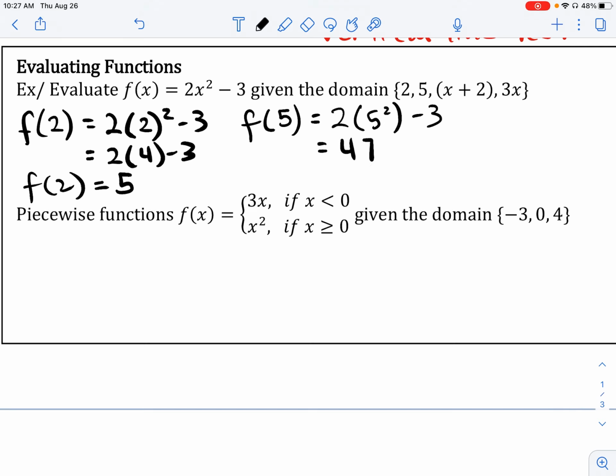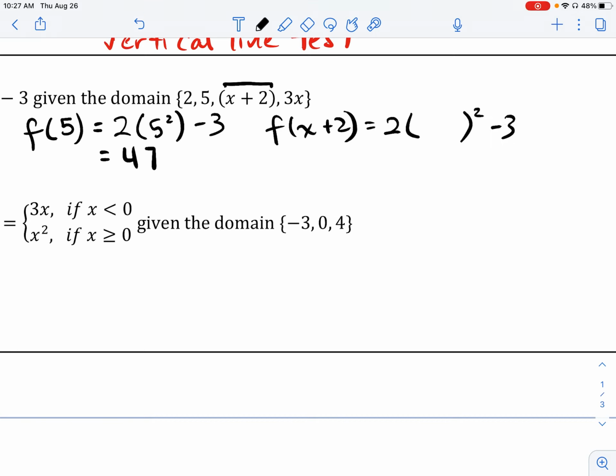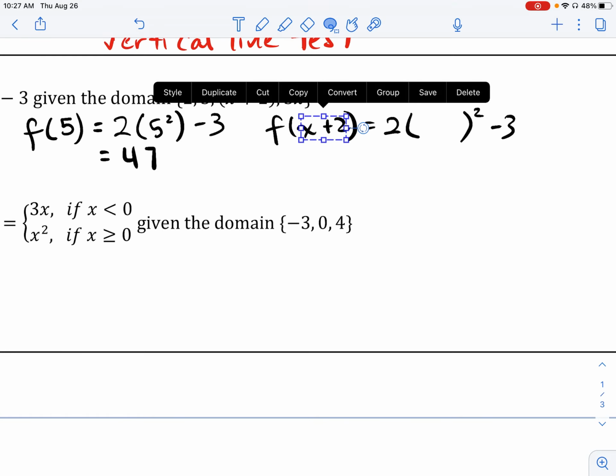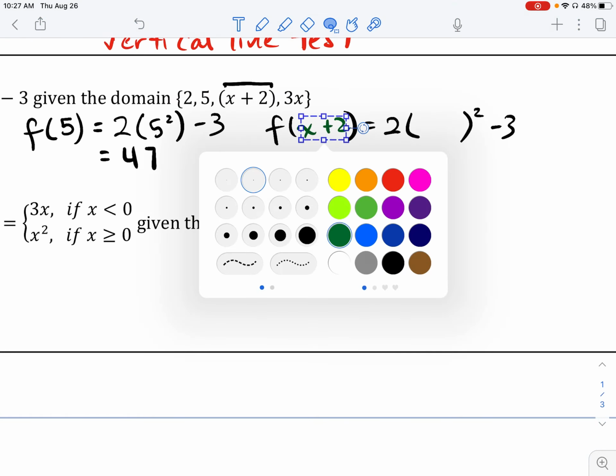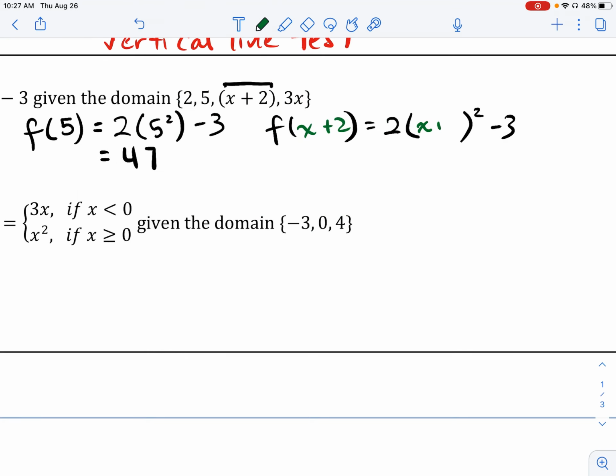Now let's try an example where we're going to plug in an algebraic expression that's not just consisting of numbers. So f of x plus 2. Our function was 2x squared minus 3, so we're going to go 2 times our input squared minus 3. In this case, our input, let me highlight this, we'll make this green, our input here is x plus 2.